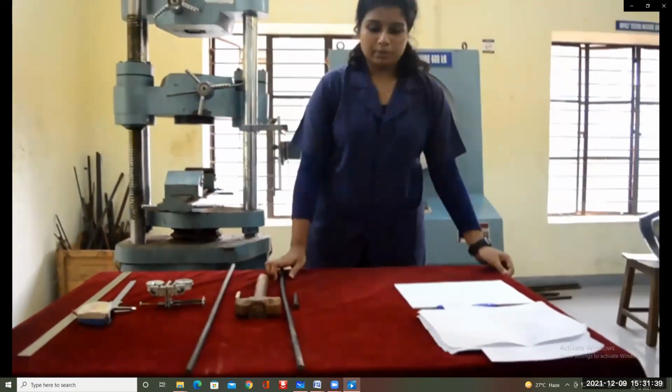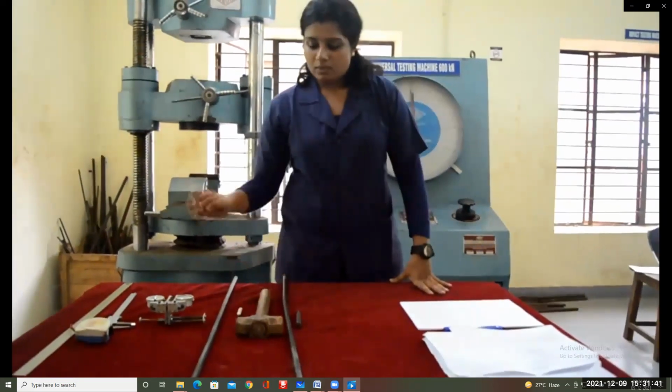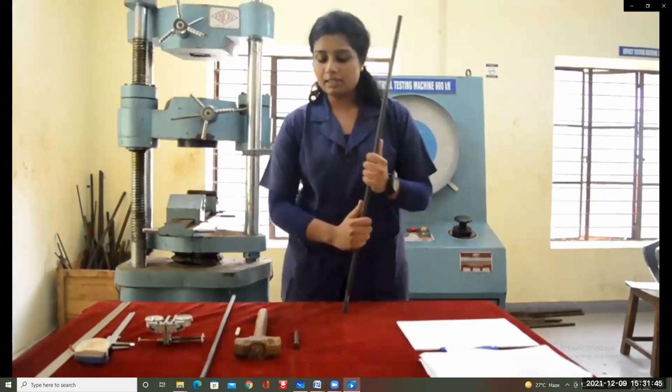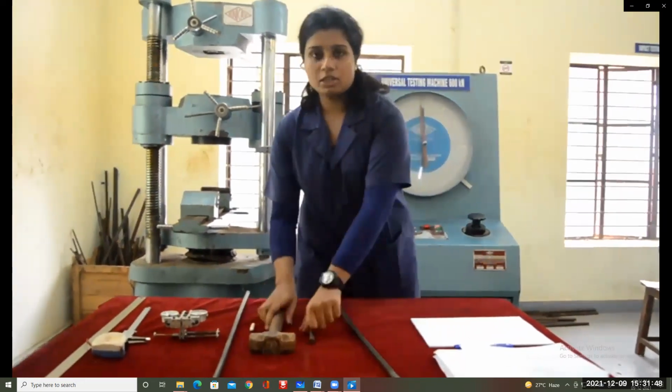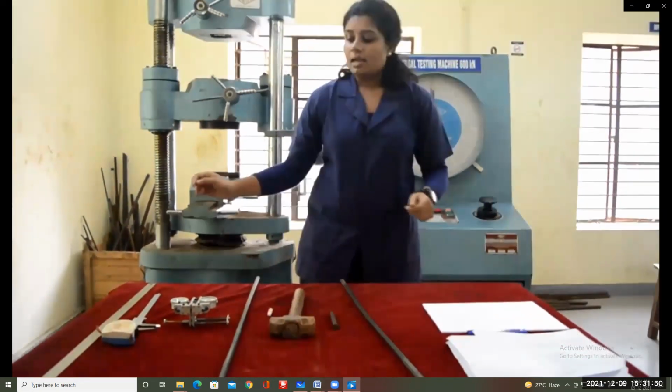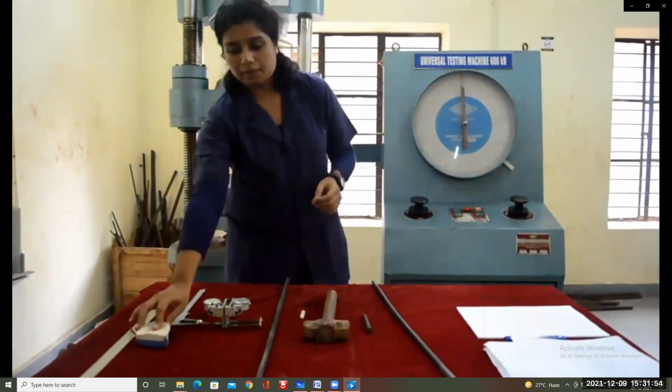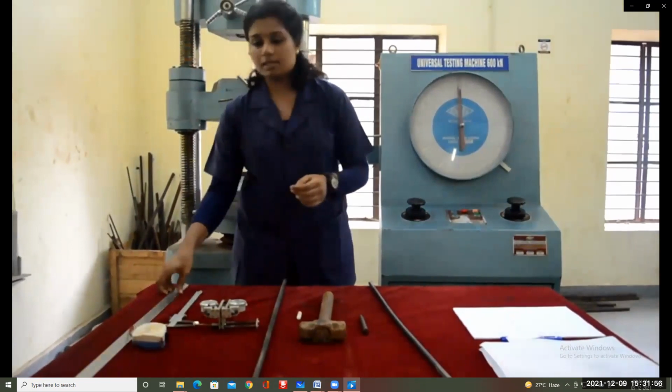Now coming to the experiment, first we have the mild steel rod, our test specimen. Then we have the punching tool, a chalk piece, and vernier calipers to measure the diameter. Then the measuring tape as well as the measuring scale.